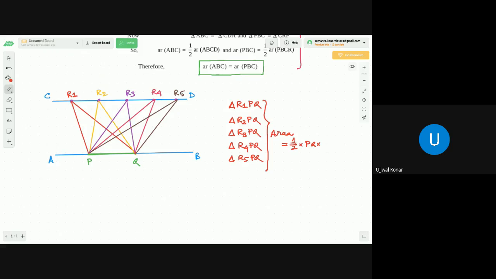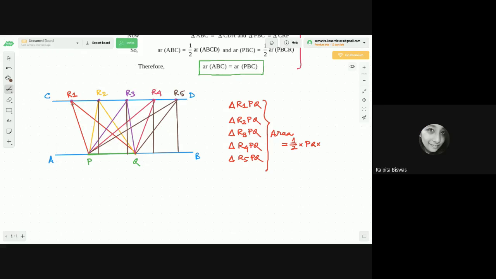For example, let me draw all the perpendiculars in black color. If I draw a perpendicular from R5 to PQ, it will be like this. From R4 to PQ, it will be like this. All of you agree with me? From R3 to PQ, it will be like this, correct? From R2 to PQ, it will be like this.